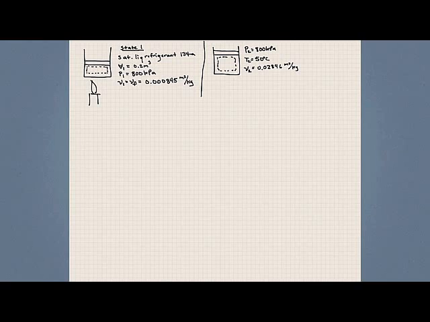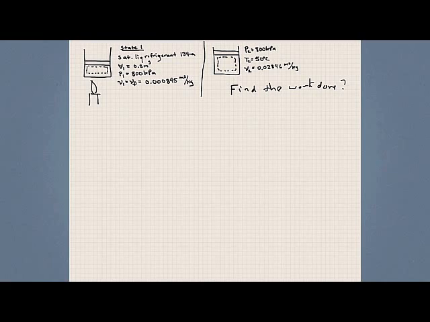The temperature has increased to 50 degrees Celsius, and the piston has moved such that the pressure has remained constant from state 1 to state 2. The question in this problem is, let's find the work done by the system to the surroundings.